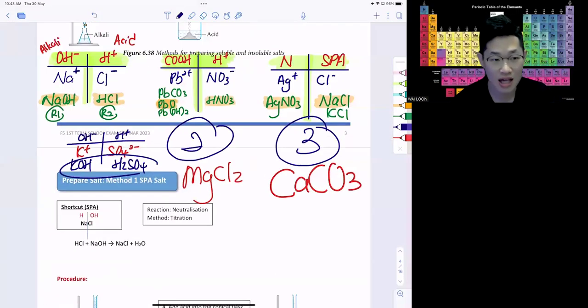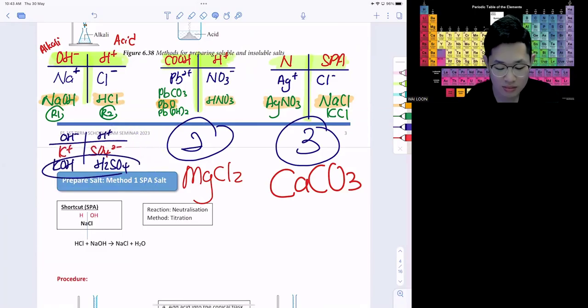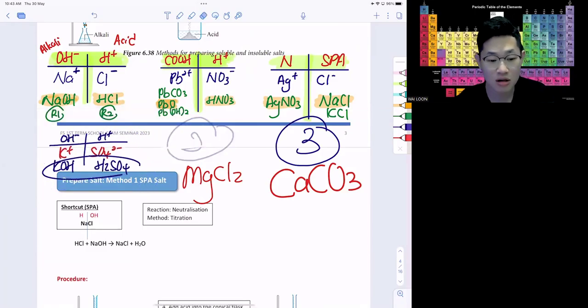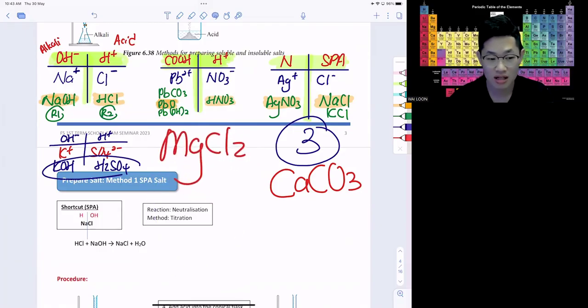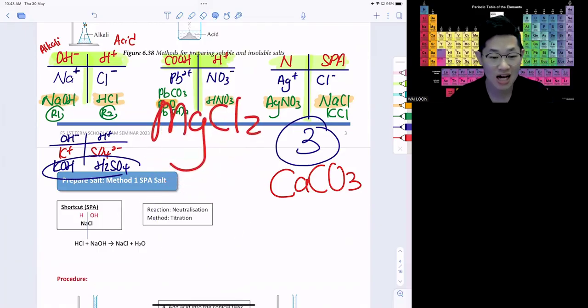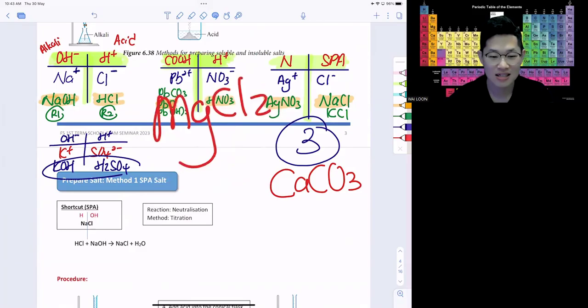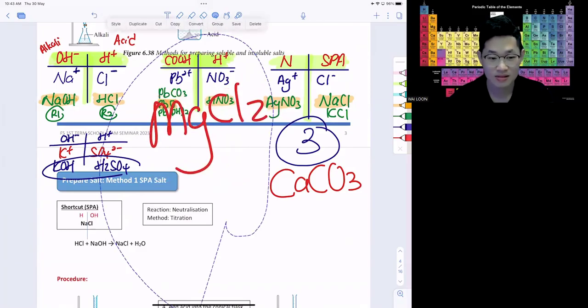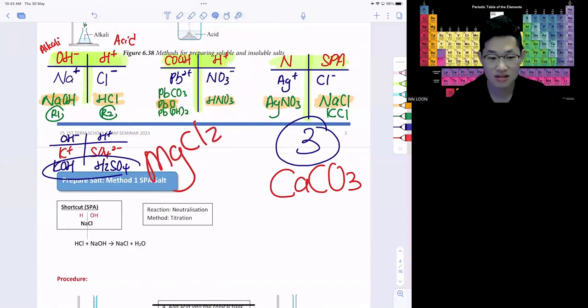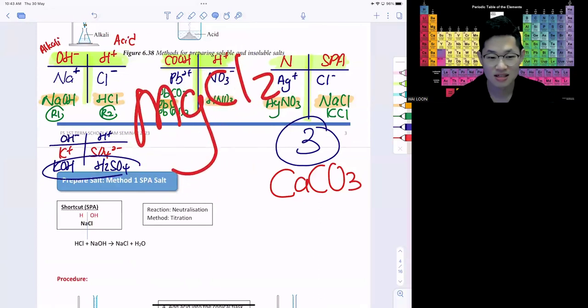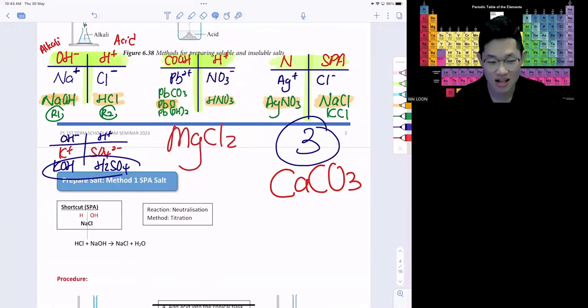Okay, then now second, if I want to make magnesium chloride, the 2 reactants are... Nice. Okay, good.